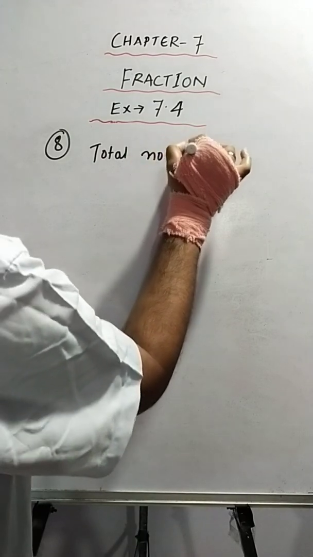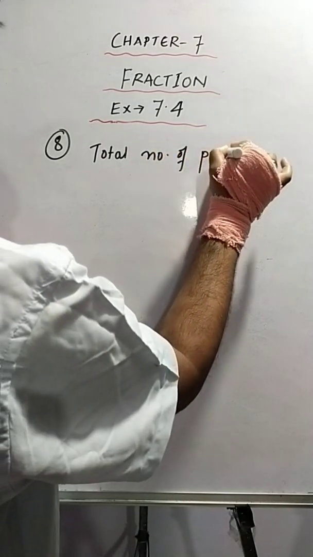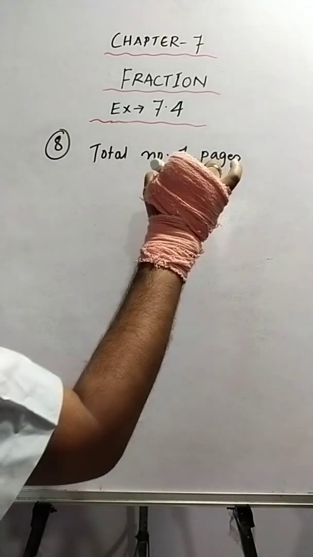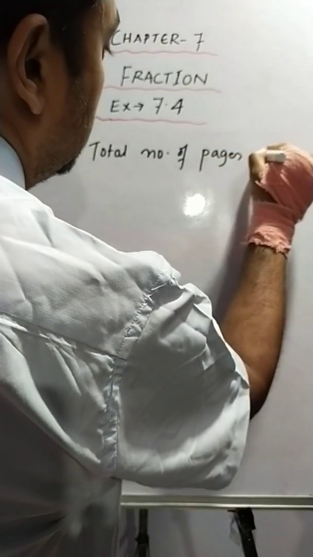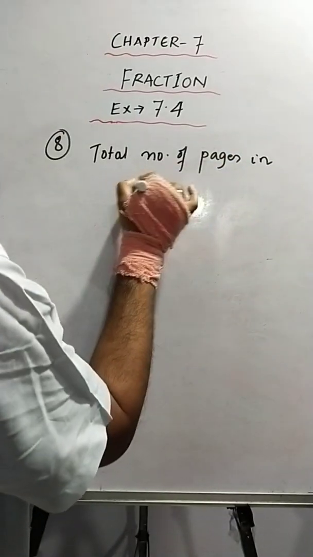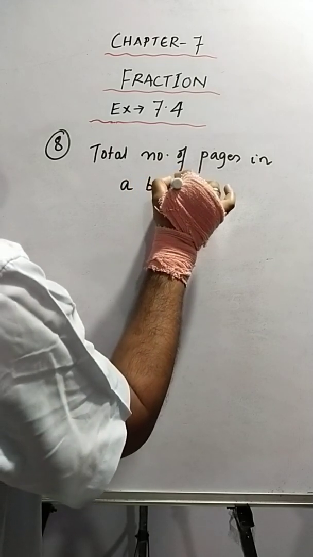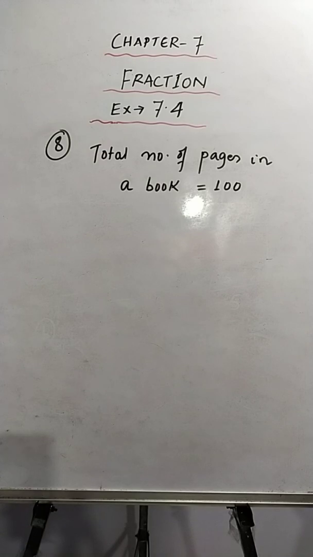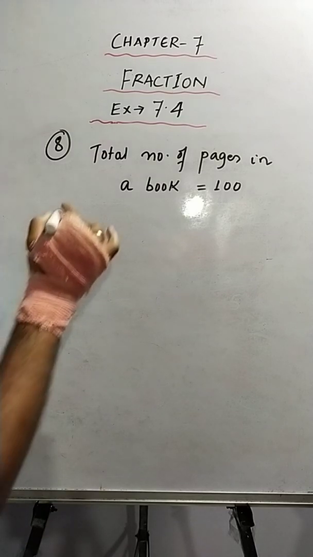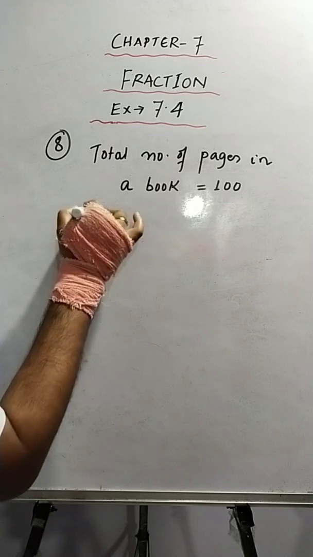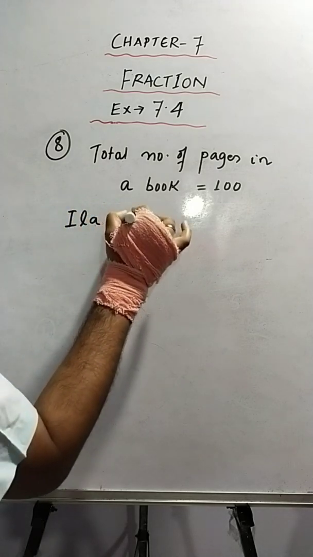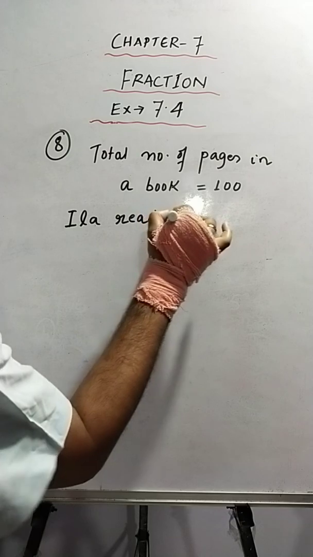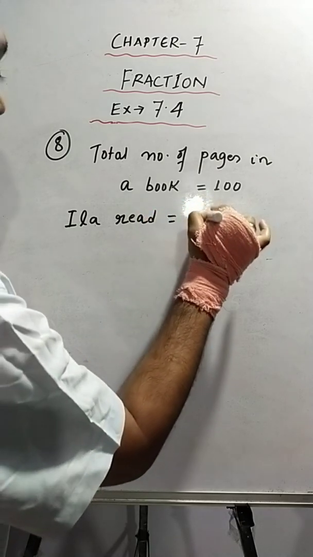Total number of pages in a book is what? 100. And how many pages Ila read? So we'll write Ila read how many pages? 25 pages.